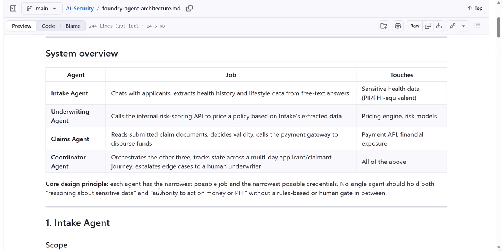Similarly for the claims agent and the underwriting agent, every agent has separate jobs. So if one agent is compromised, there would not be major damage. That was the idea of segregating and separating the roles and narrowing their jobs. And we would also have least privileges for all the agents. That is the basic principle of any cybersecurity architecture.